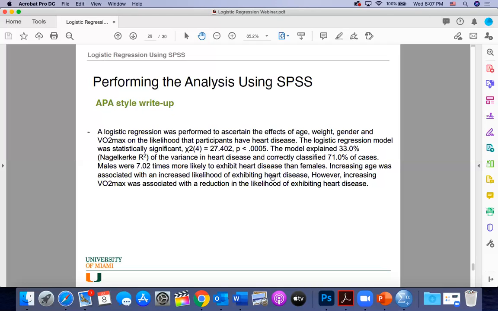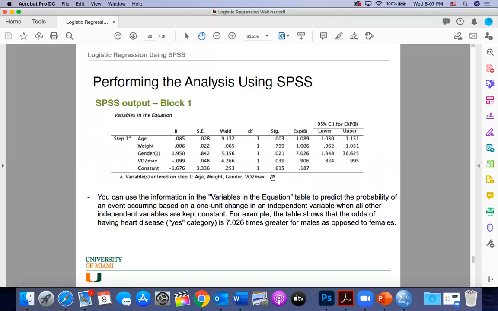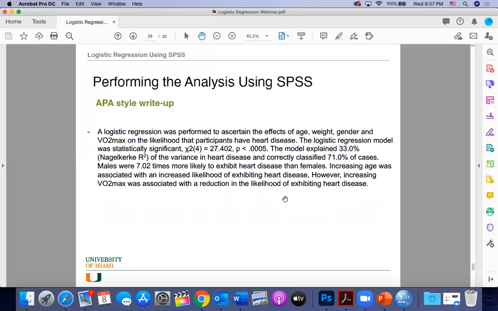However, increasing VO2 max was associated with a reduction in the likelihood of exhibiting heart disease, because we can clearly see that the relationship was negative here. We didn't talk about weight because it was not significant, but you may want to add it in your write-up and say that weight was not significantly associated with the likelihood of an increase or reduction of exhibiting heart disease.